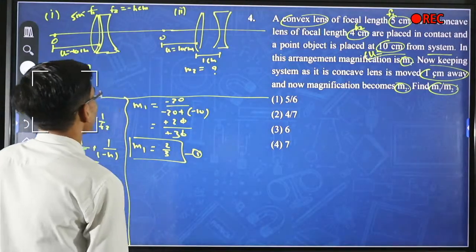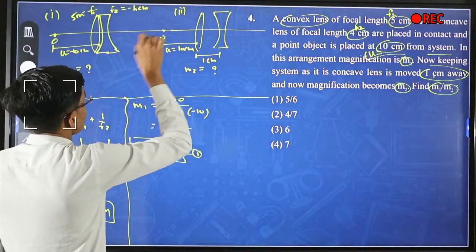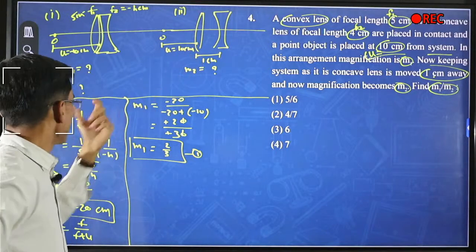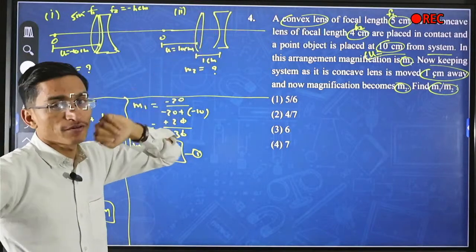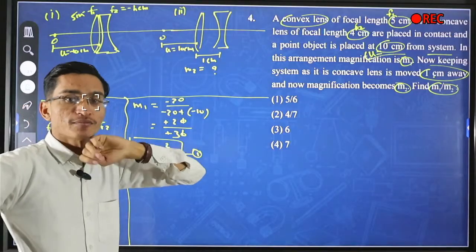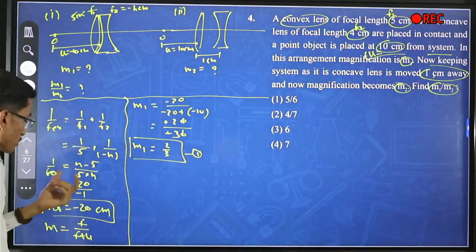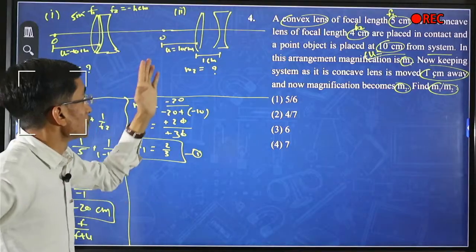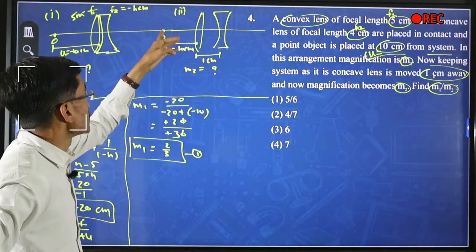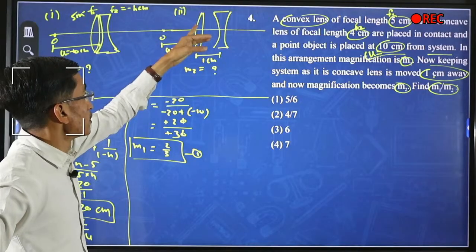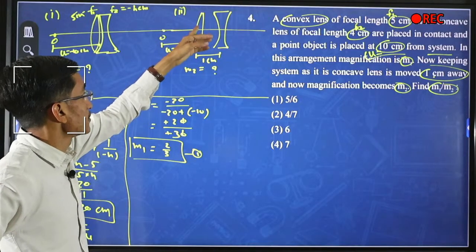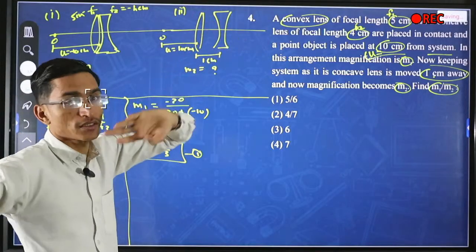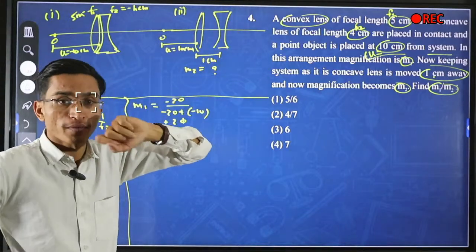Okay. Now moving from situation 1 to situation 2, here we cannot directly use the F equivalent formula because there is a separation between the two lenses, and if there is a separation, we cannot use the equivalent formula directly. So for that, we can go step by step: the object's image will be formed by this lens. After forming the first image, the first image will become the object for this lens, and after a second refraction, this lens will form the final image.